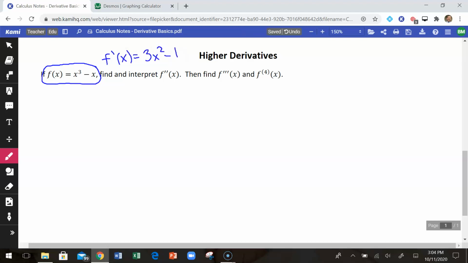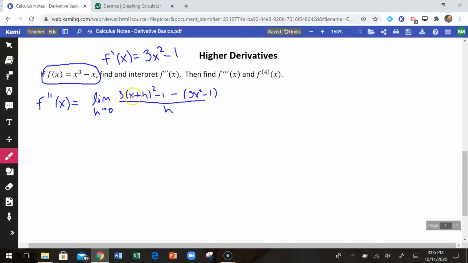So if I want to find the second derivative, f double prime of x, what I want to do here is the limit as h approaches 0 of f of x plus h, so that's going to be 3 times x plus h squared minus 1, minus f of x, which would be 3x squared minus 1, all over h.